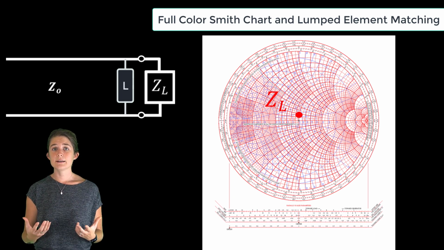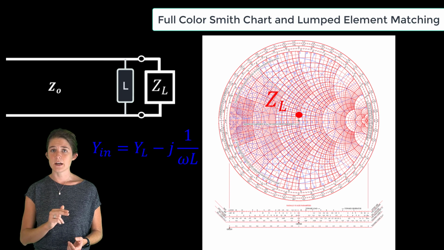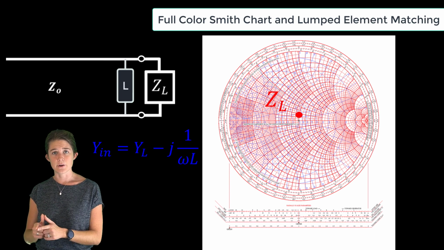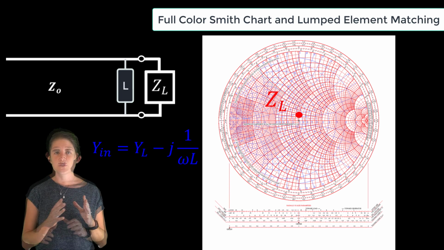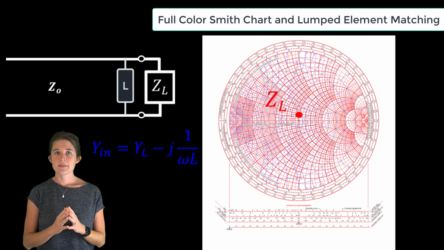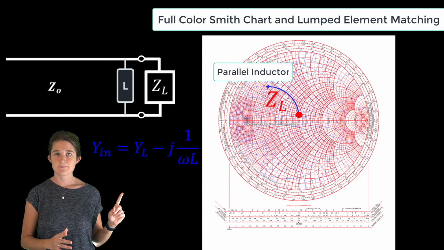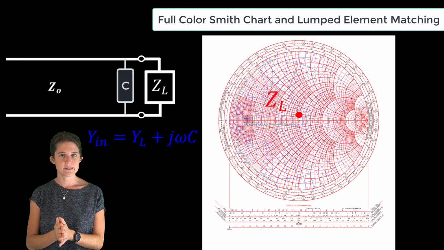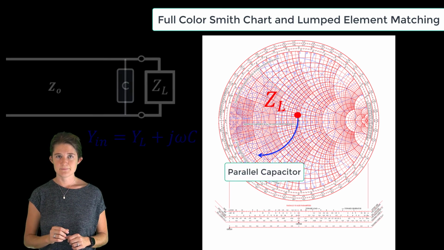So, if we add an inductor in parallel with the load, its susceptance is 1 over j omega L, or negative j over omega L. This susceptance adds to the susceptance of the load without changing the conductance, the real part of the admittance. So if we add a parallel inductor, that moves us on the Smith chart upward around a circle of constant conductance. And if we add a parallel capacitor, which has susceptance of j omega C, it will move us downward around a circle of constant conductance.